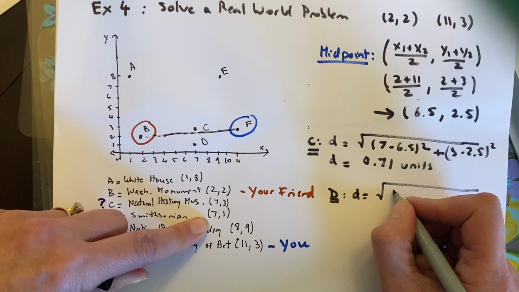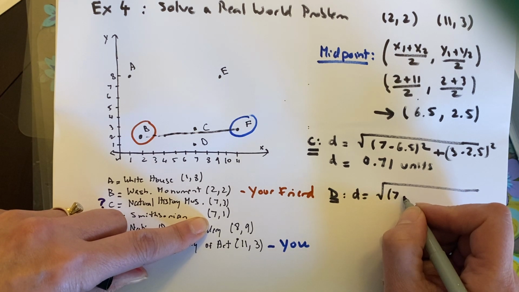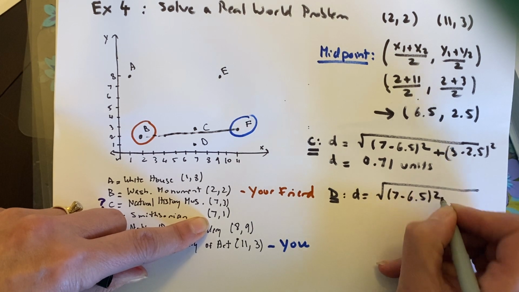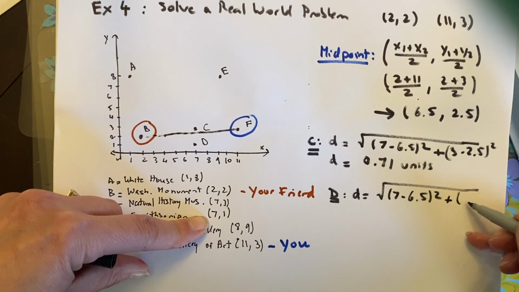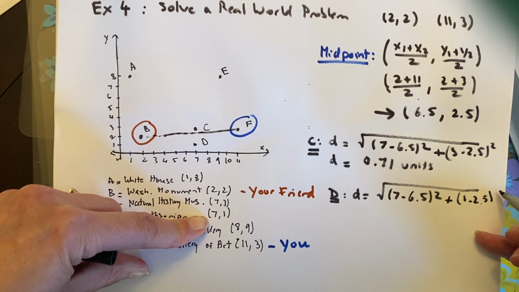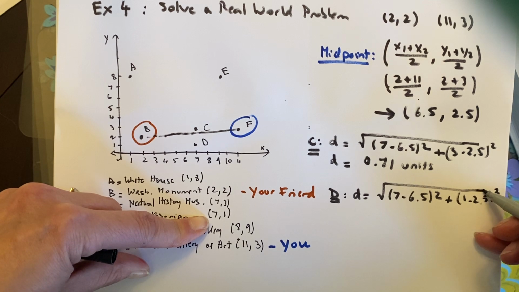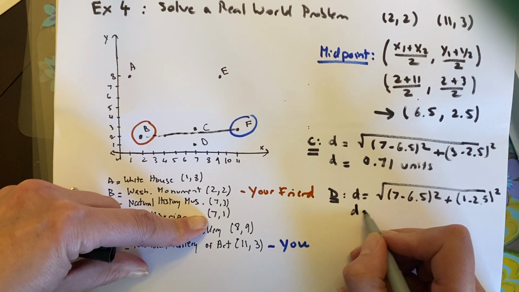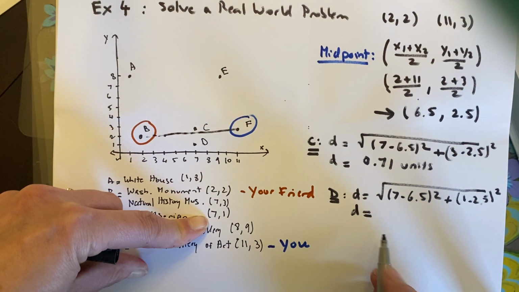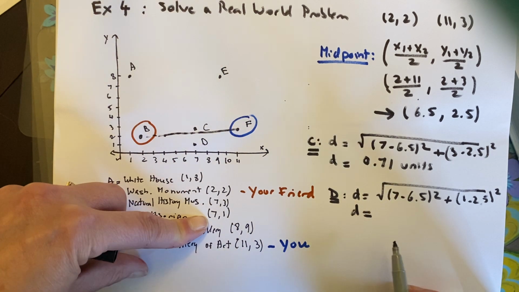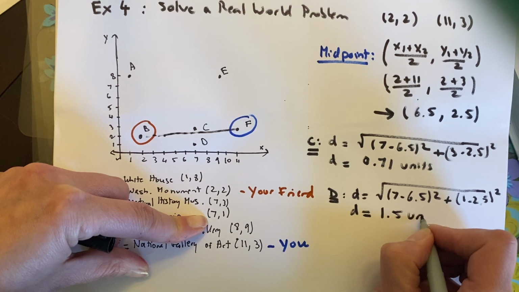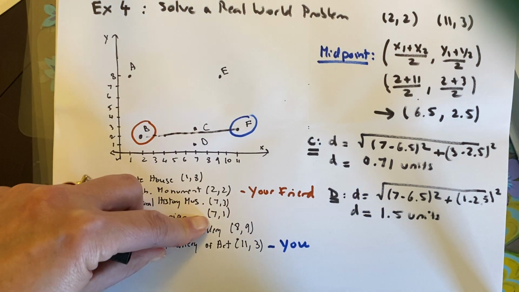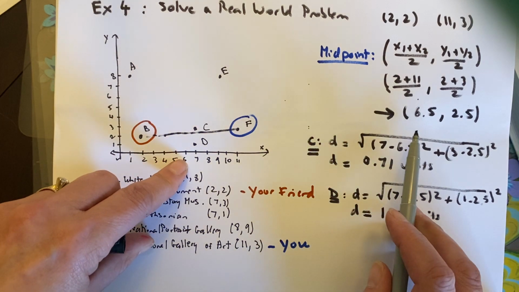So that's going to be 7 minus 6.5 squared plus 1 minus 2.5 squared. When I solve for D, and I do this all out, I'm going to end up with about 1.58 units.